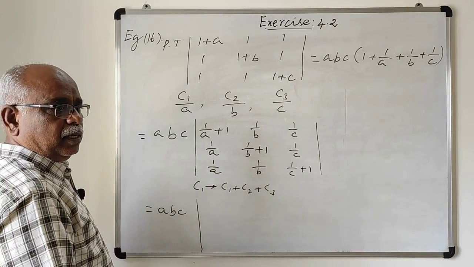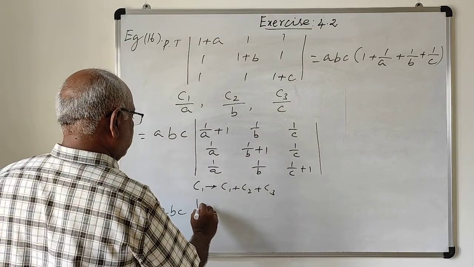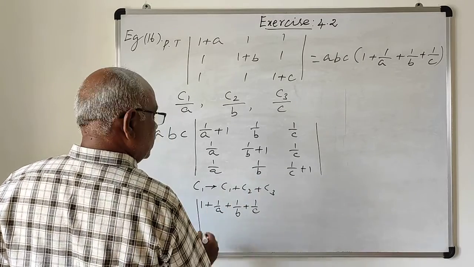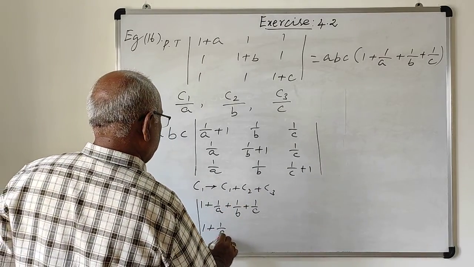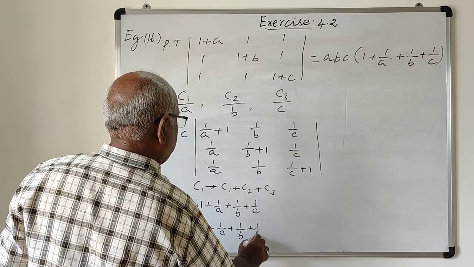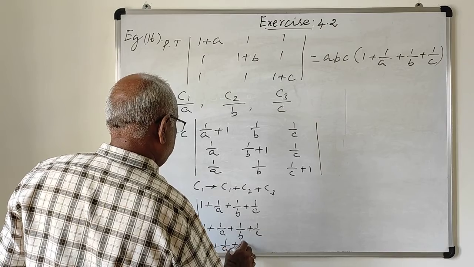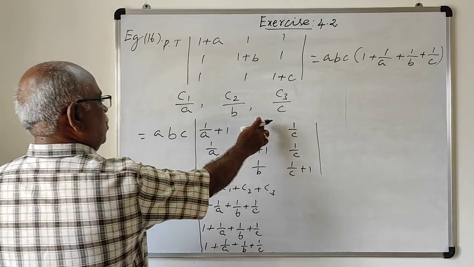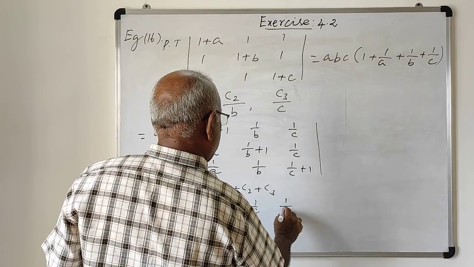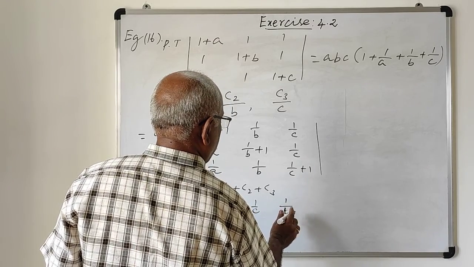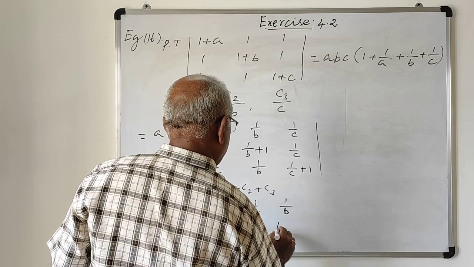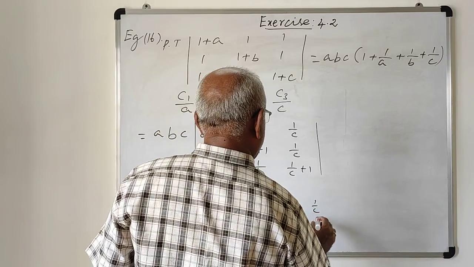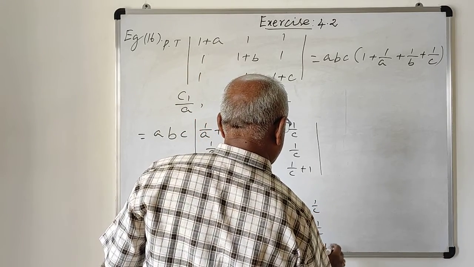The first column becomes 1 plus 1 by a plus 1 by b plus 1 by c in every row. The second column is 1 by b, 1 plus 1 by b, 1 by b. Similarly, the third column is 1 by c, 1 by c, 1 by c plus 1, as it is.